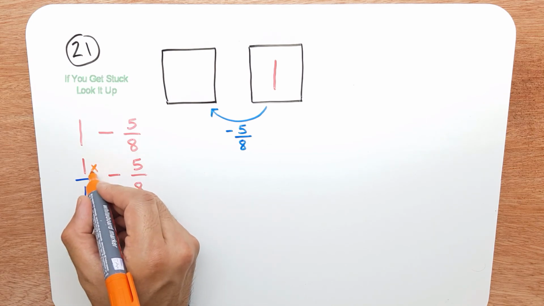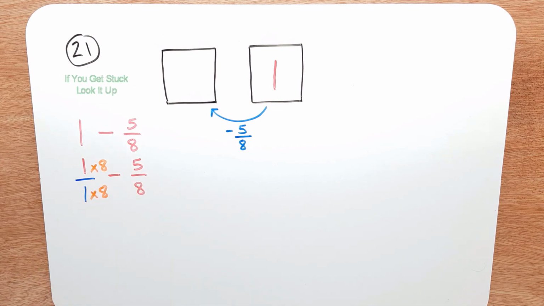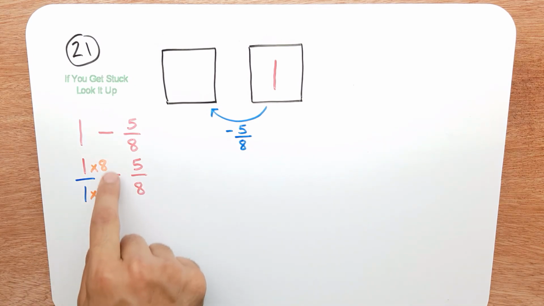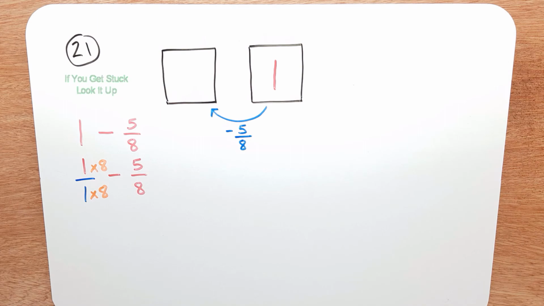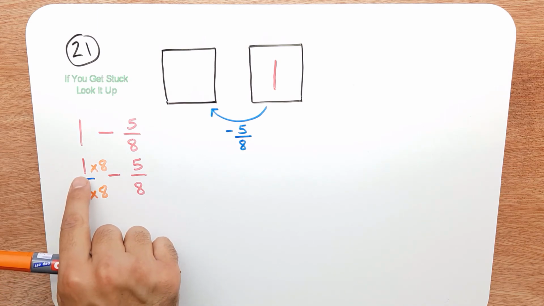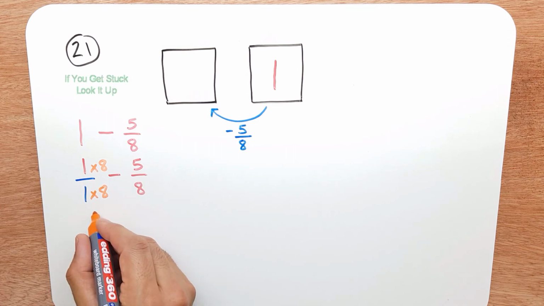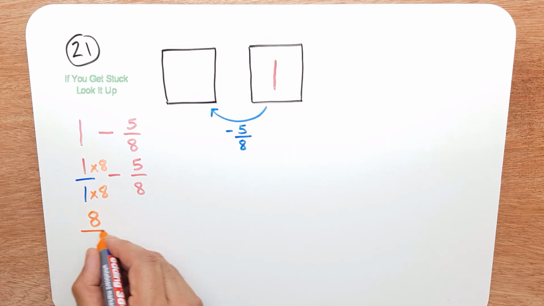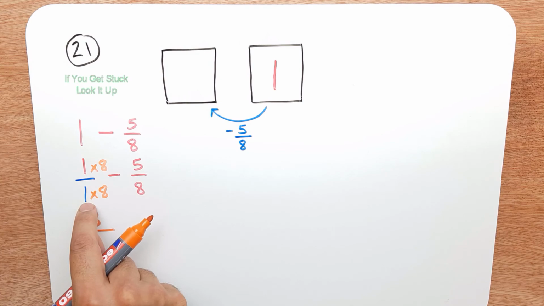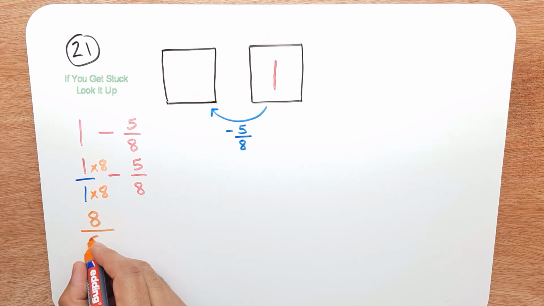So I multiply this by 8. So I'm going to now write this fraction here. 1 times 8 is 8. And 1 times 8 is 8.